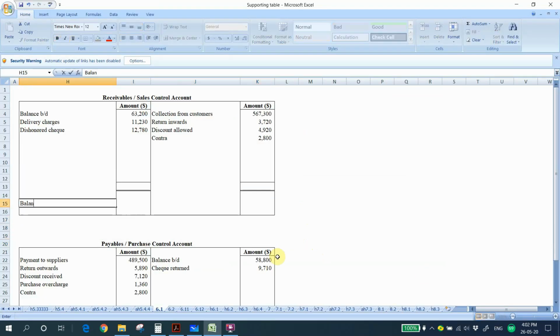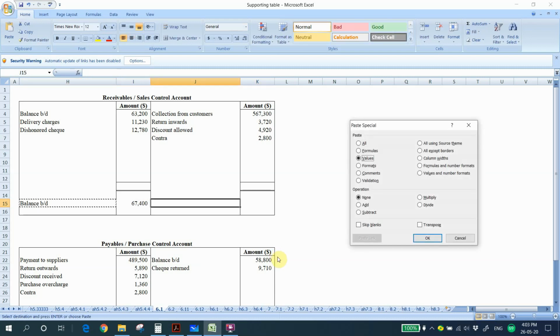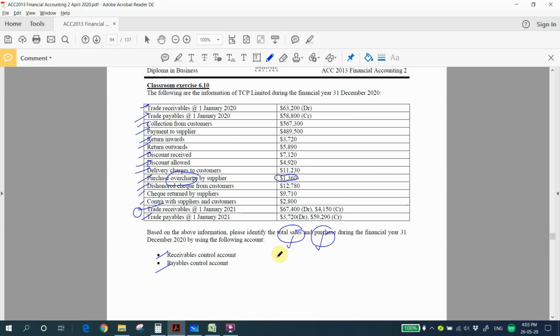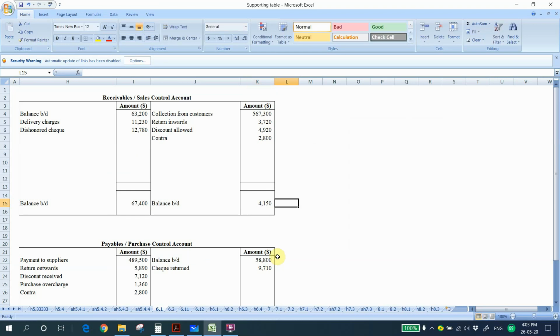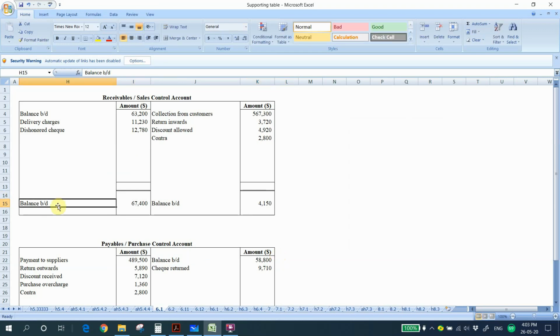So receivables balance b/d for the next financial period is 67,500 on the debit, and balance b/d on the credit is 4,150. So we know the brought down and the carried down amounts will be on different sides, right?